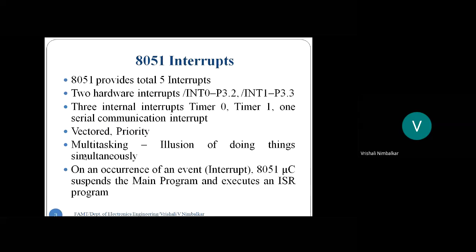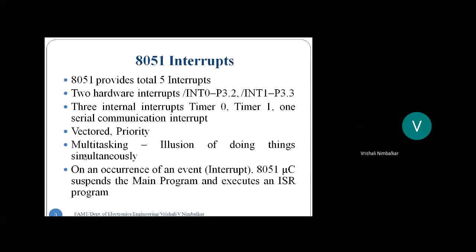For human beings, it appears as if the microcontroller is doing all the things simultaneously at a time, but that is not so. The microcontroller will be doing one thing at a time, either displaying on the LCD or sensing the temperature. But this one after the other happens so fast, correct? The operating frequency of microprocessors is in megahertz.